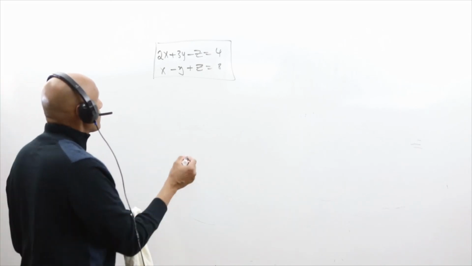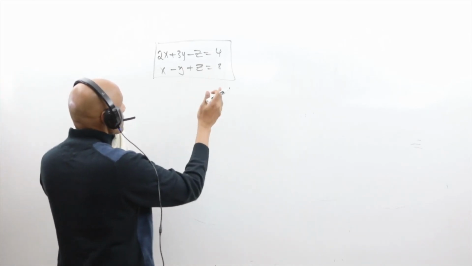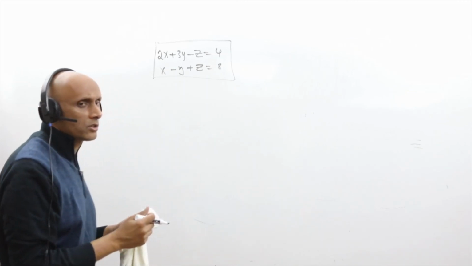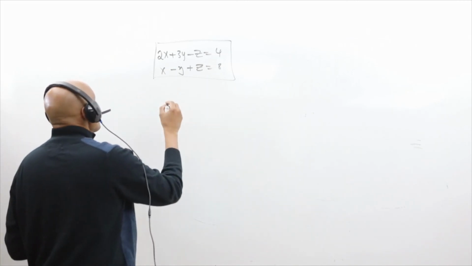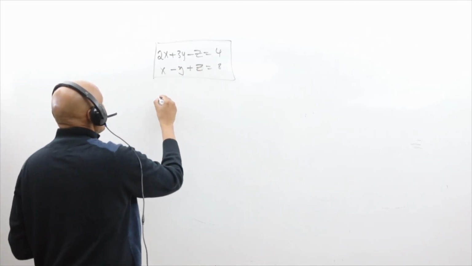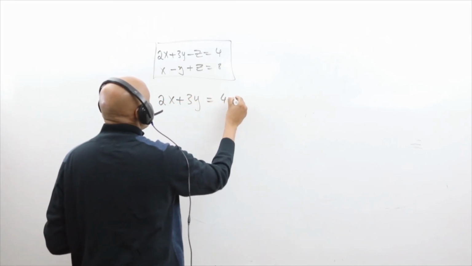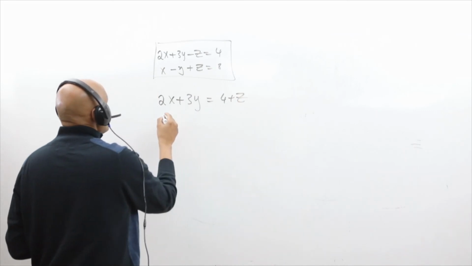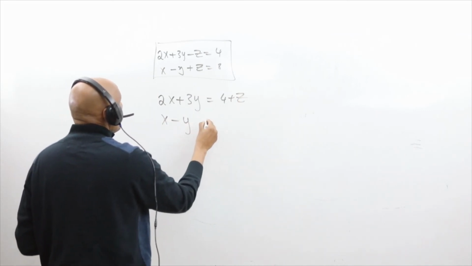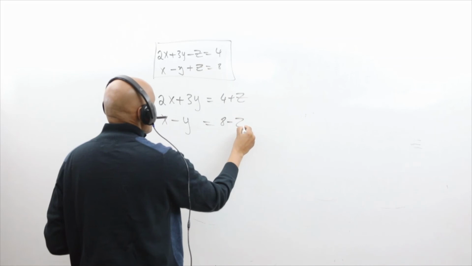The main idea is that this matrix has to be a square matrix to use Cramer's rule. So the first step is to convert this into another form: 2x plus 3y is equal to 4 plus z, and x minus y is equal to 8 minus z.